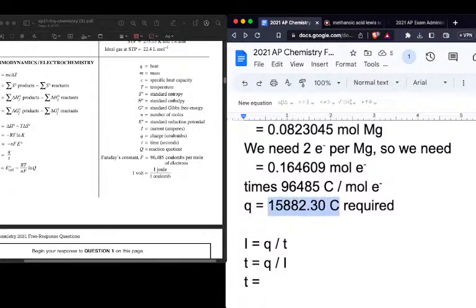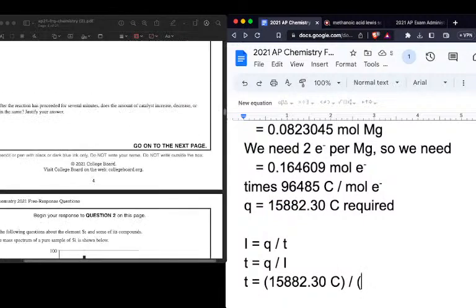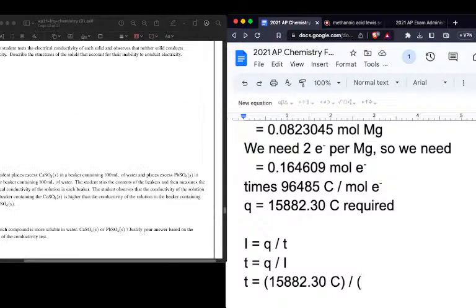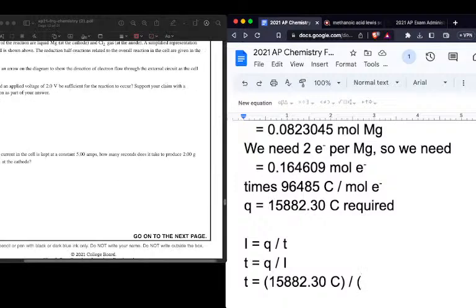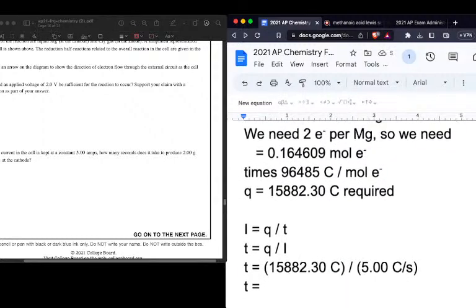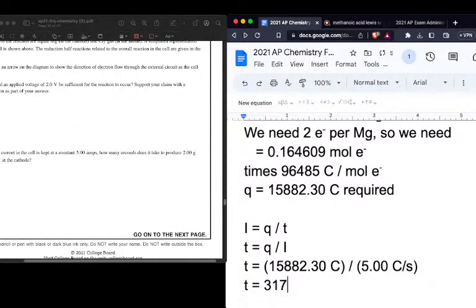We figured out the number of coulombs needed from the mass of magnesium, and we were given the current, 5 amps. That's coulombs per second. Divide it by 5. 3176.46 seconds. And that's it.